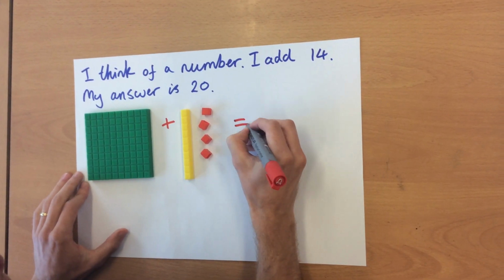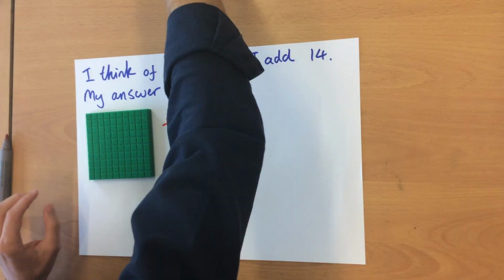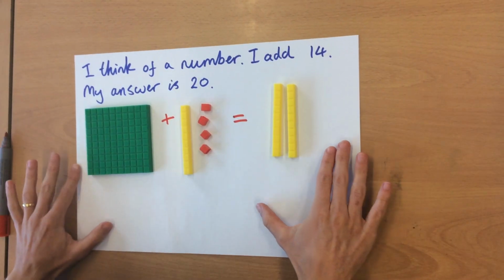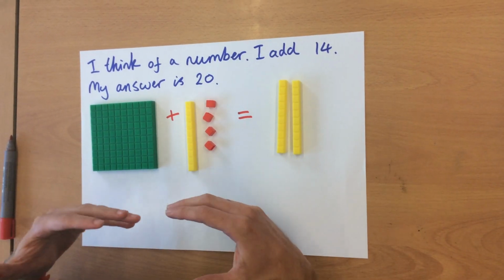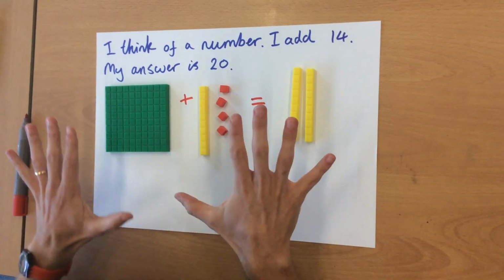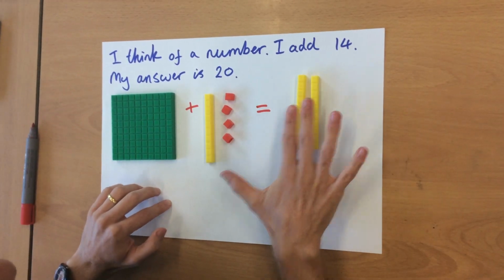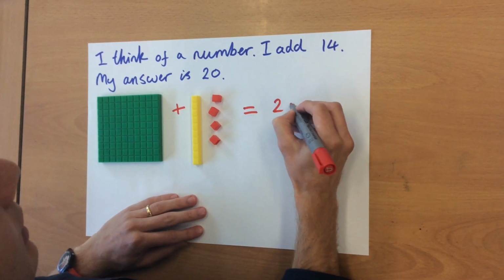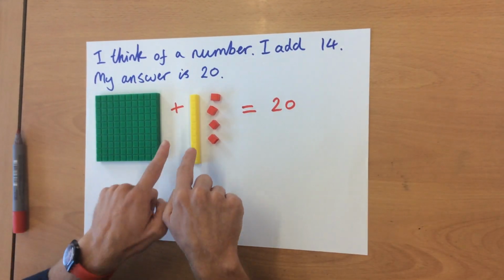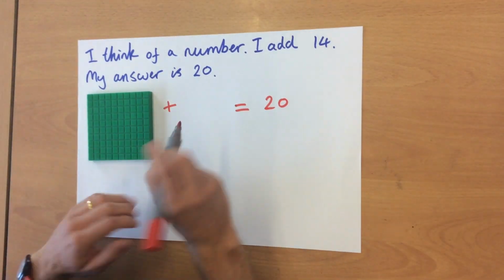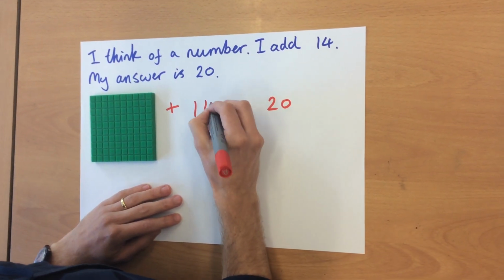And my answer is 20. So I'm going to do an equal sign, and I now need to make 20. Okay, so I've built my algebraic formula, and now I need to deconstruct this slightly so I can make it using letters and numbers. So what do I already know? Well, I know it equals 20. So I'm going to remove that and put a 20 here. I need to add 14. I'm going to remove the 14 and replace it with the number 14.